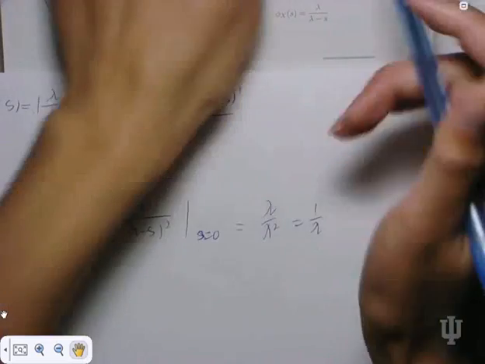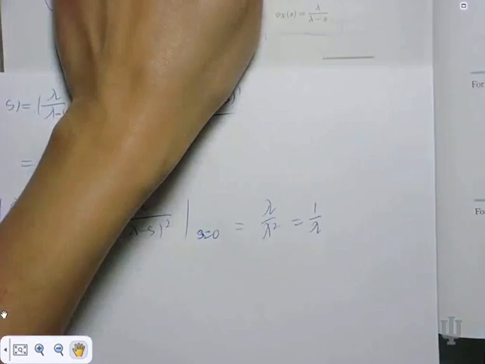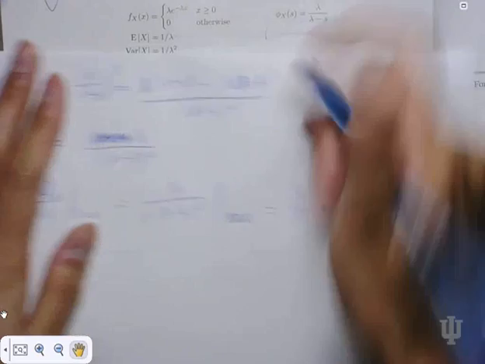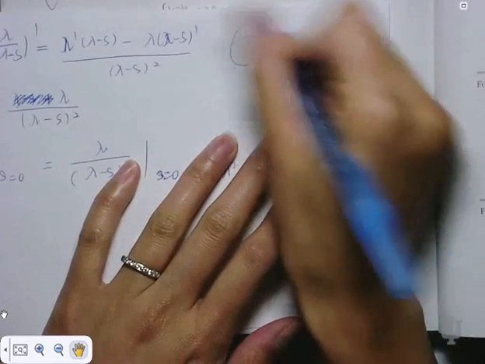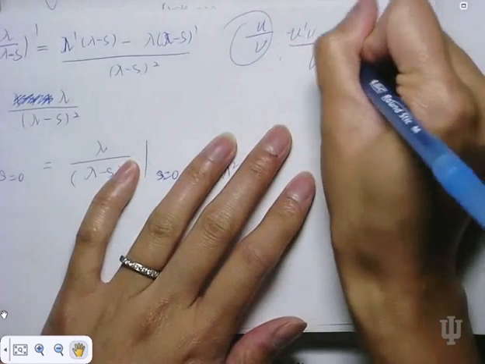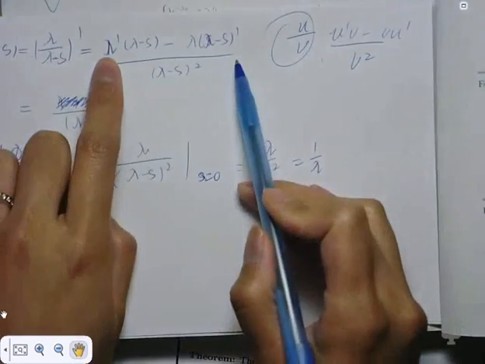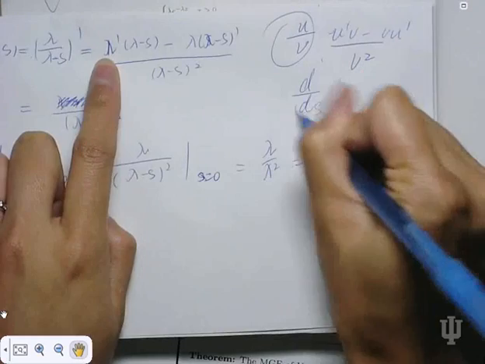Another example, this is continuous. Given moment generating function, lambda over lambda minus s. Do the derivative of this fraction. Derivative of this, I assume you know. So remember, it's all for ds.